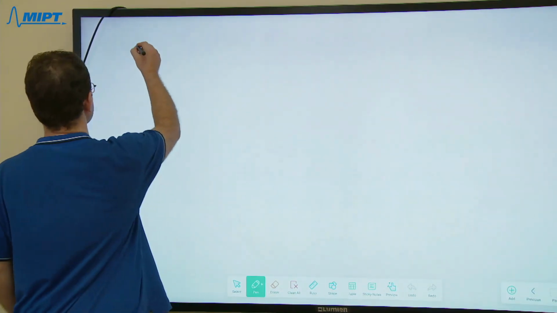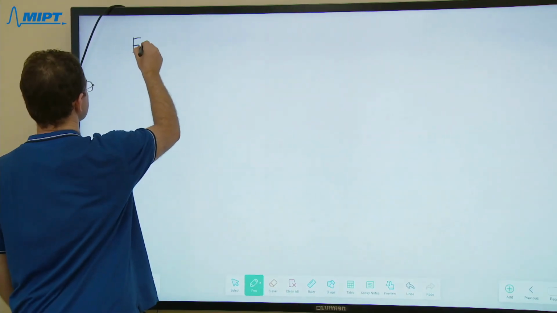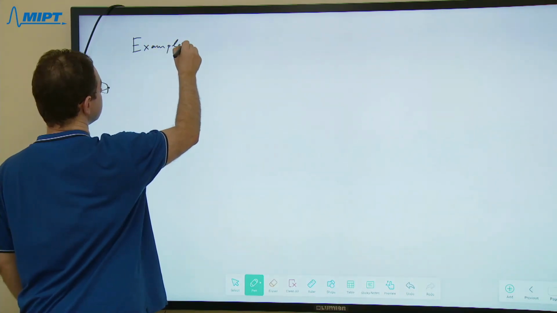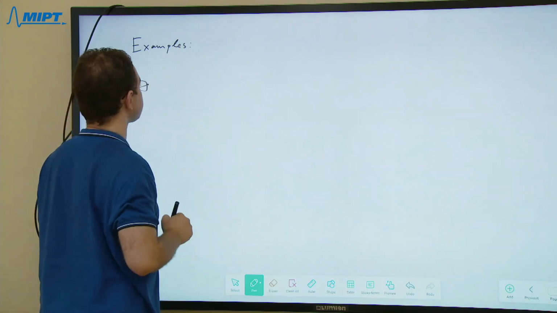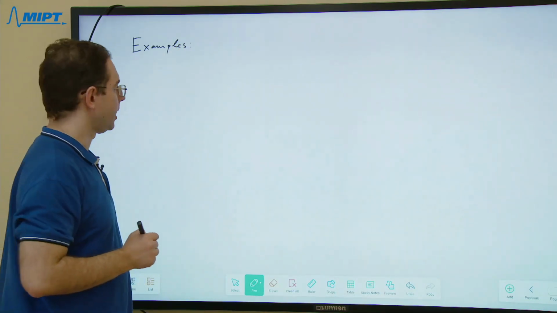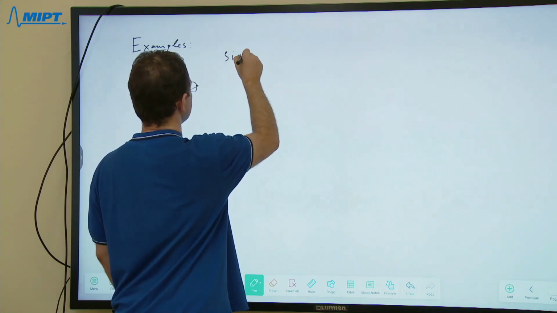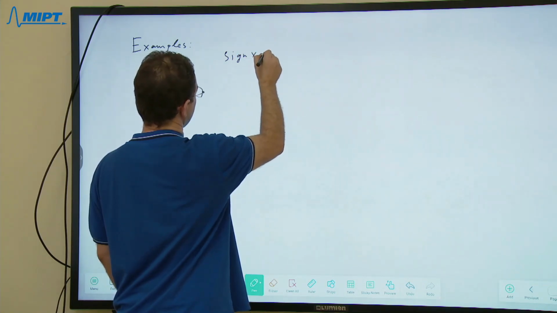Let's see some examples. Let's look at this function, sign x.